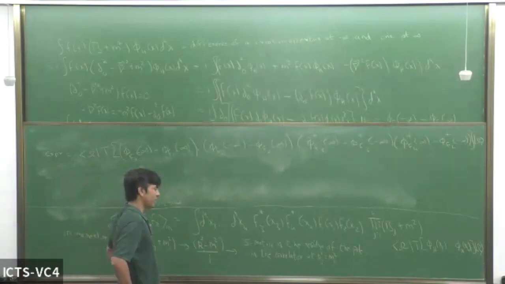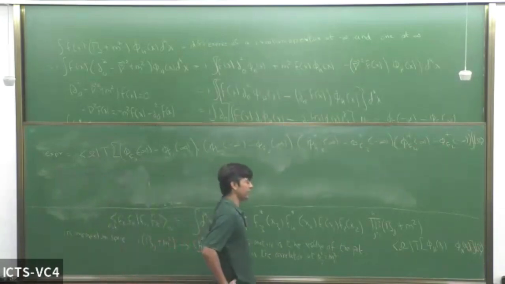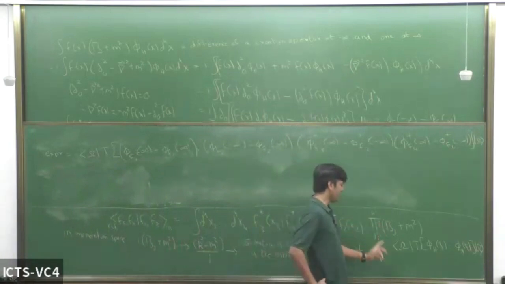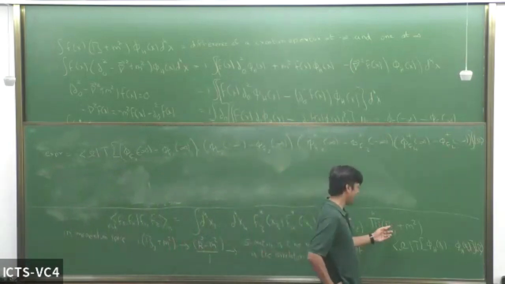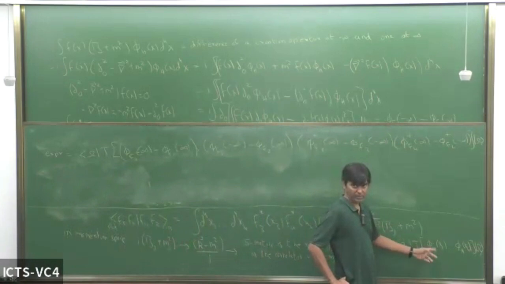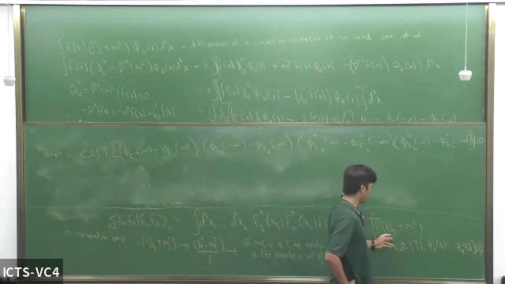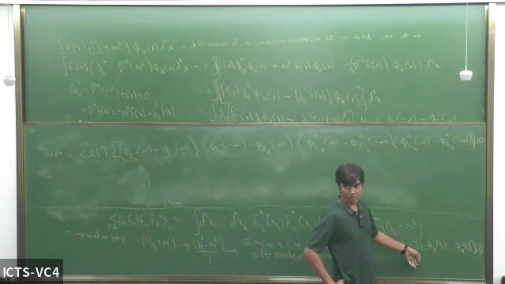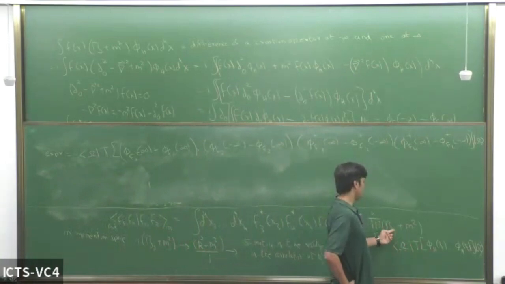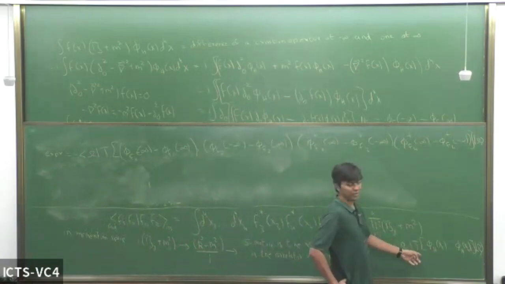You said something about the theta functions. All I was saying was that the result we derived was for f times the derivative of phi. However, what we have here is the derivative outside the time ordered product. So there is one part of this derivative that actually acts on the theta functions.